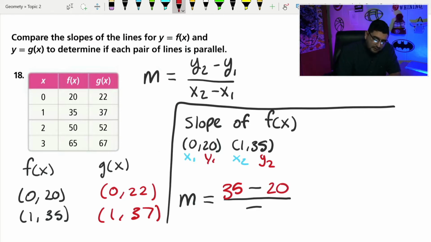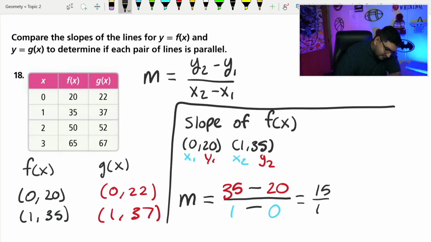And on the bottom, I would get x2, which is 1, minus x1, which is 0. 35 minus 20 is 15. 1 minus 0 is 1. So I know f of x has a slope of 15. Okay? So that's what I've found out so far. I now know the slope of f of x.